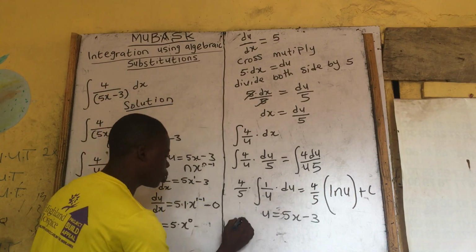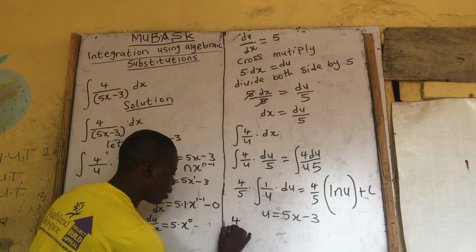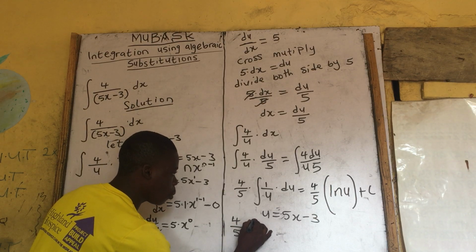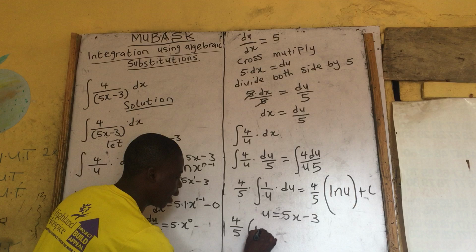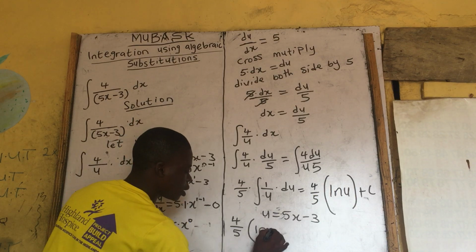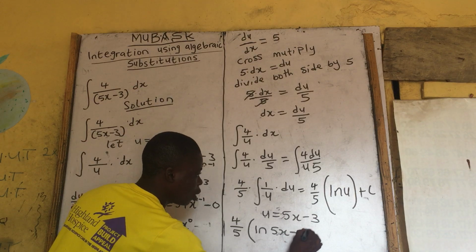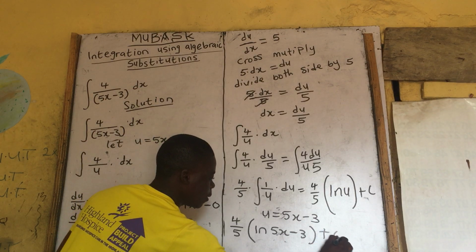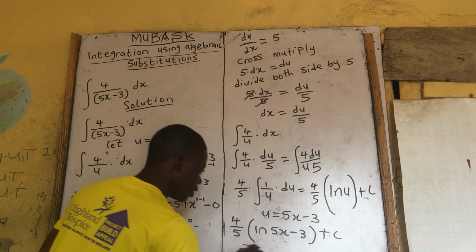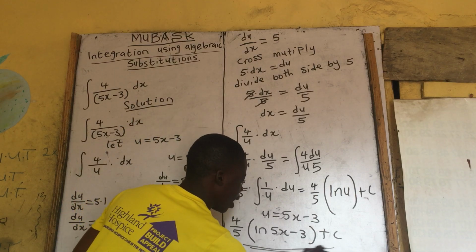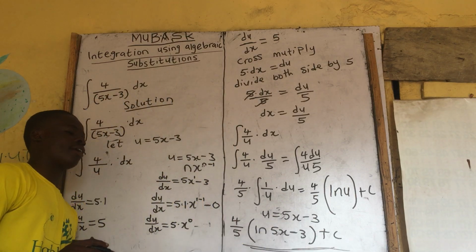So we can now substitute it in: 4 divided by 5 times open bracket ln of 5x minus 3 close bracket plus c. So this is our final answer.